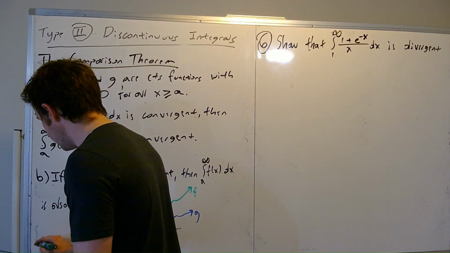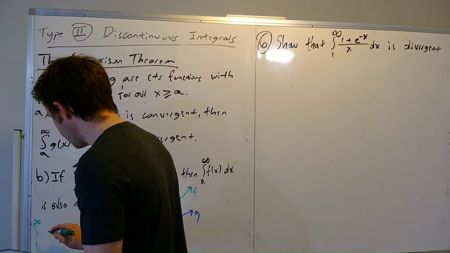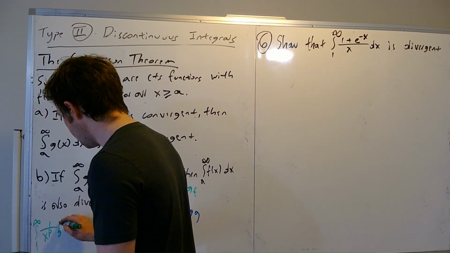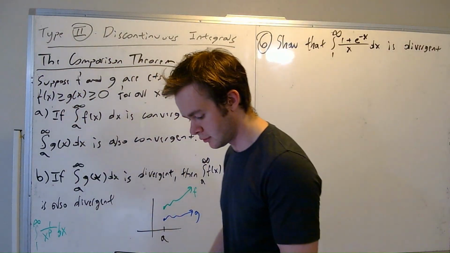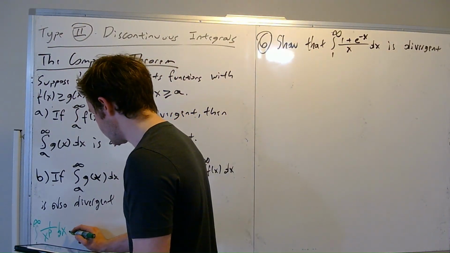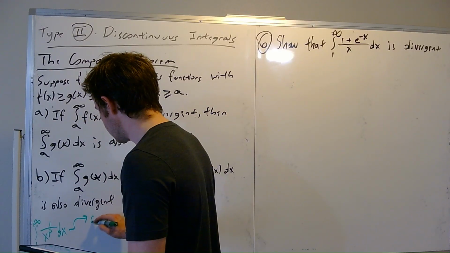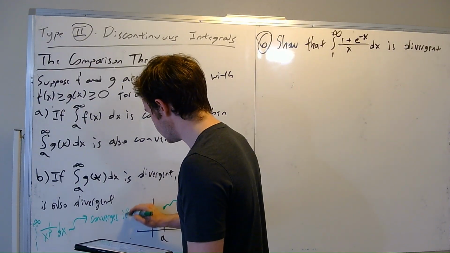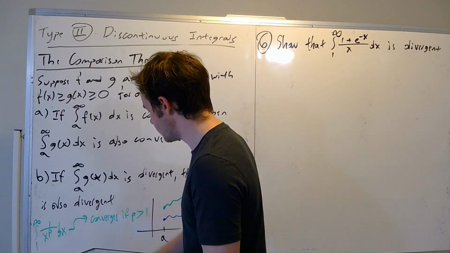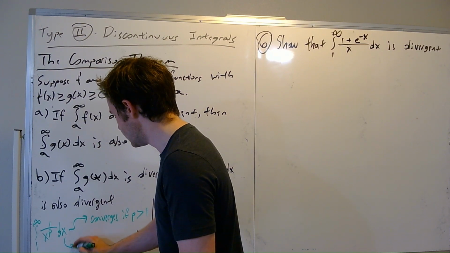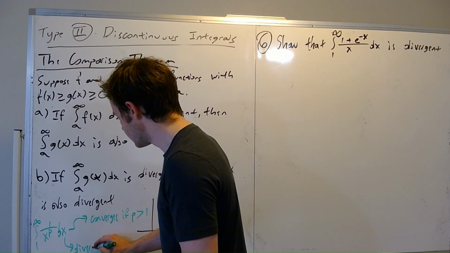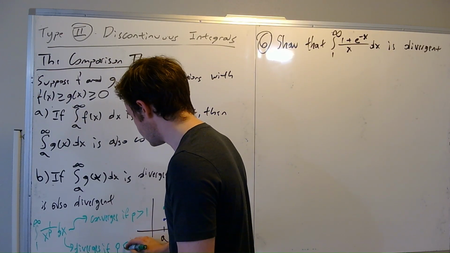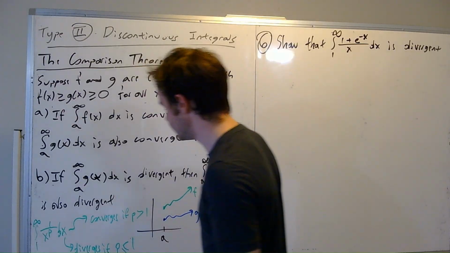If we have the integral from 1 to infinity of 1 over x to the power of p dx, then we can say that this converges if p is strictly greater than 1, and we can say that it diverges if p is less than or equal to 1.